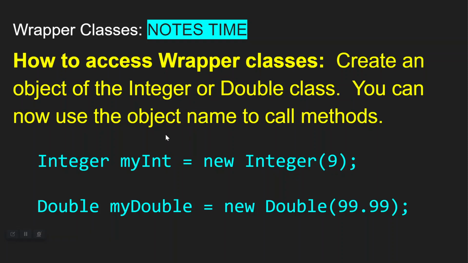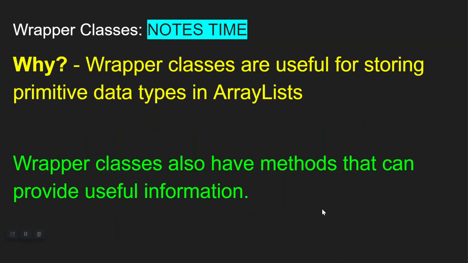If, instead of saying int myInt = 9, which would only allow me to use that value of 9, I say Integer myInt = new Integer(9), now I have an Integer object which allows me to use methods of the Integer class. The same thing is true down here. If I said Double myDouble = new Double(99.99), I now have a Double object called myDouble that I can use to call some methods. So you might be asking yourself, why?